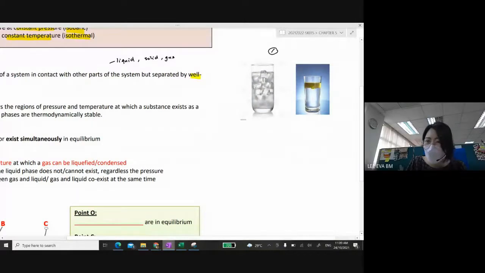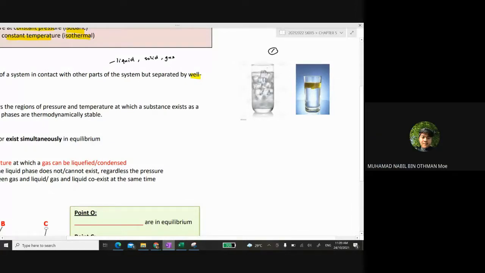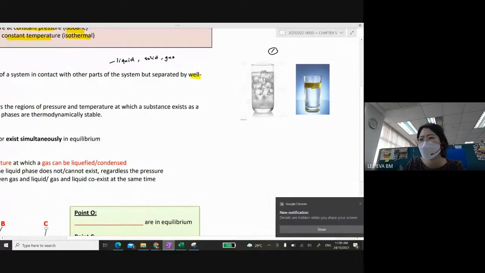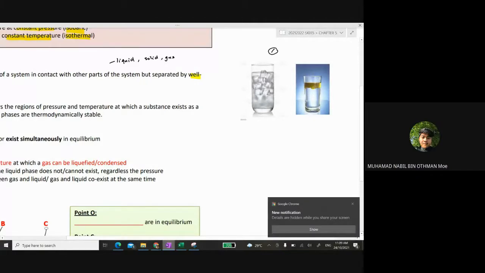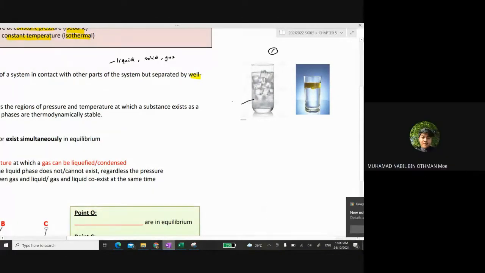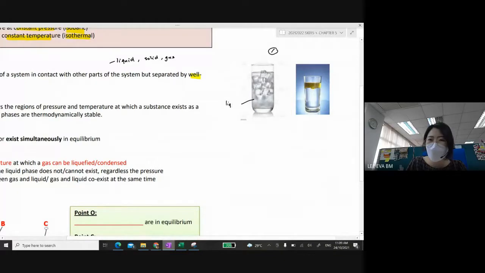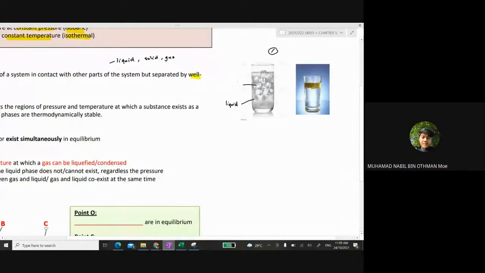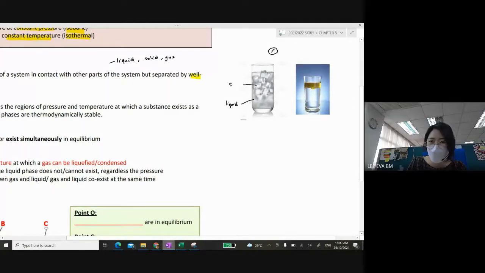So how many phases can you see inside this glass? 3? How many phases are there? Water is what phase? Liquid. Yang lain boleh jawab juga ya. How about the ice? What is the phase for ice? Solid.